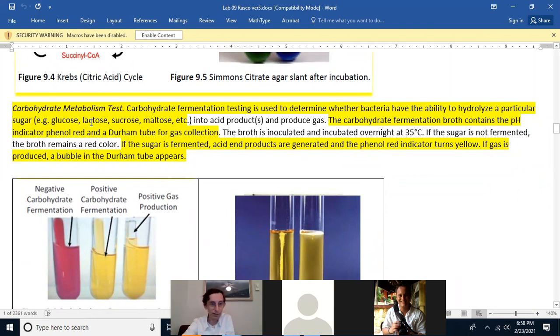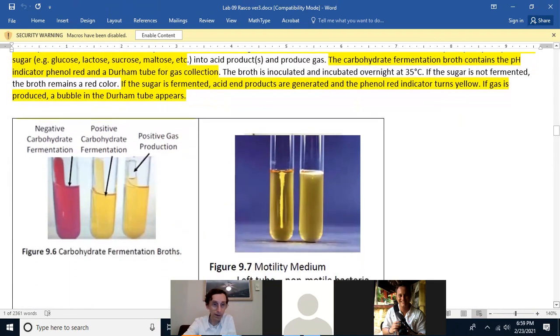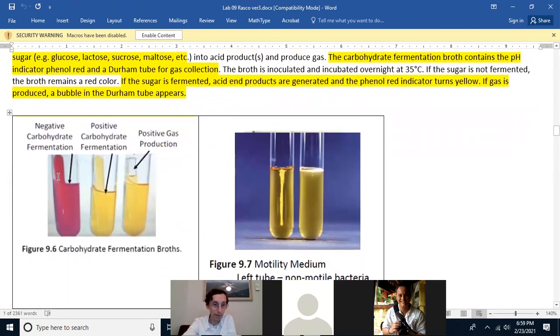So you had lactose in your tube, and you look to see if your unknown bacteria could ferment that sugar. If it ferments lactose, acid products will be built up in the fermentation, and the tube will shift in color from pinkish or orangish to yellow if it's positive in the fermentation test.